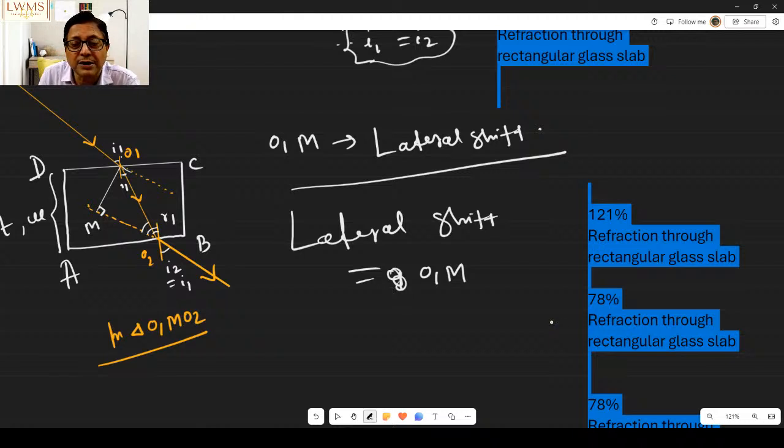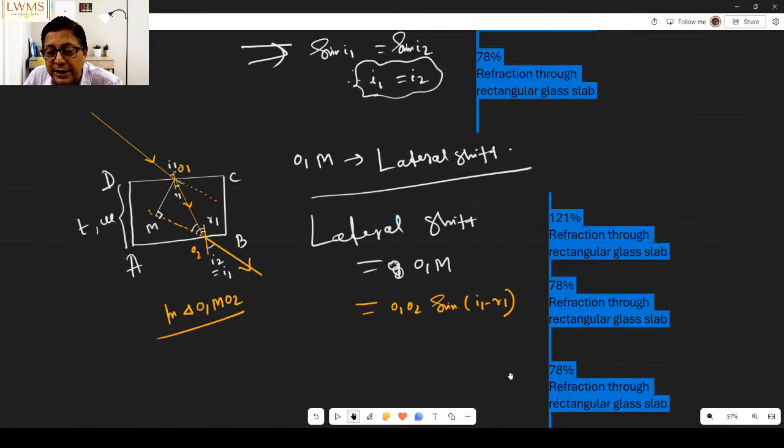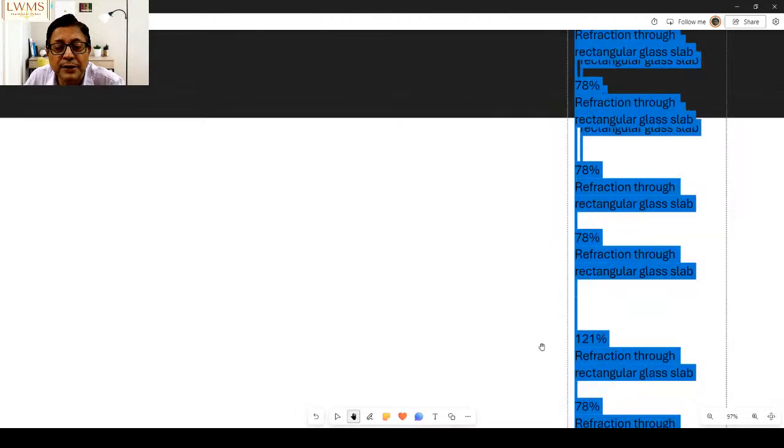In this triangle, lateral shift O1m will be O1 O2 sin I1 minus R1, isn't it?